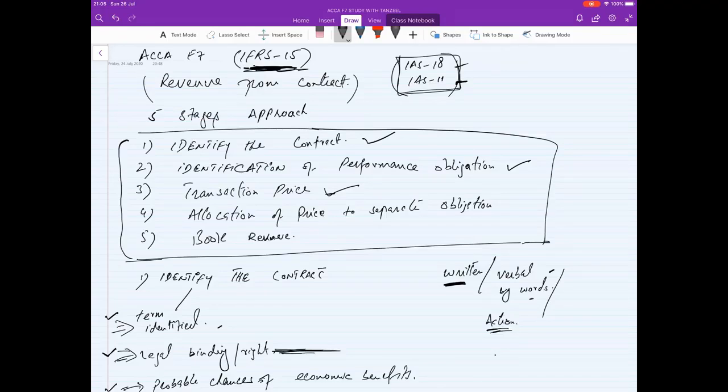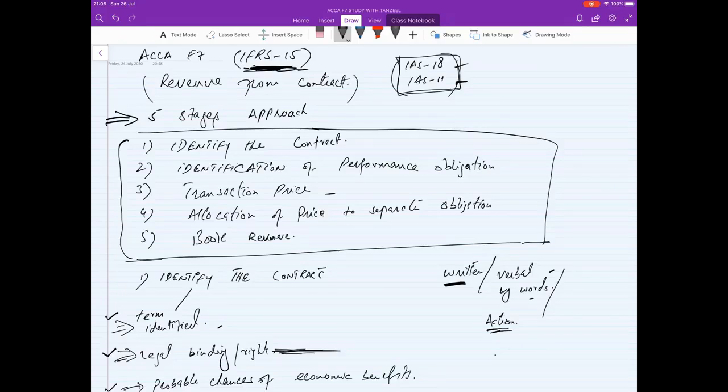We will study five stages in this standard. The first stage is to identify the contract. First we will have to identify if there is a contract or not. Second, we will identify the performance obligations, whether this contract has one single obligation or multiple obligations.